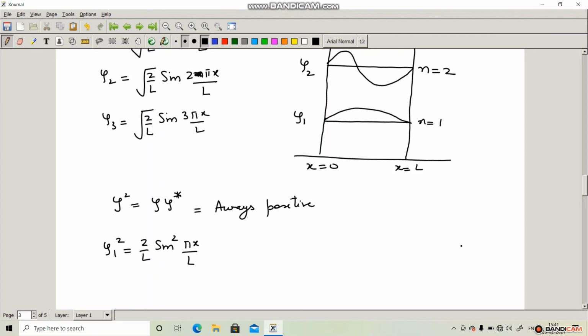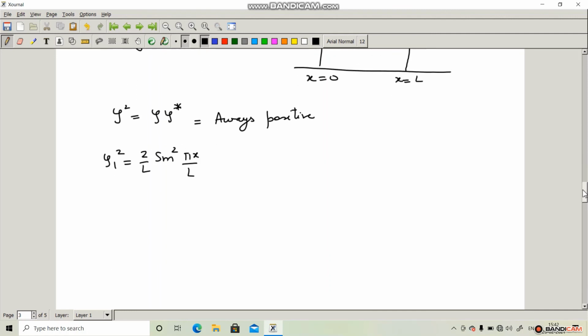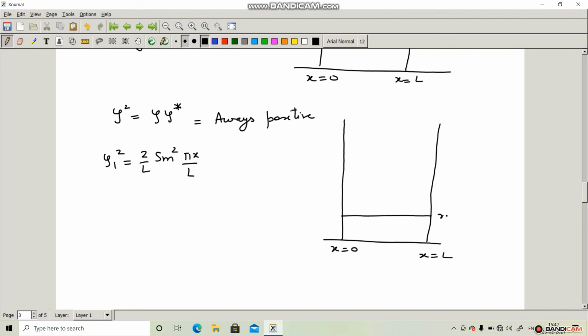And if we want to represent psi square in a box, suppose this is the potential well, x equal to 0, x equal to L, first level, n equal to 1, this is psi 1 square, which is 2 upon L sin square pi x over L. This is the way of presentation.